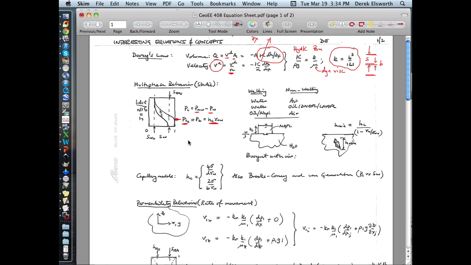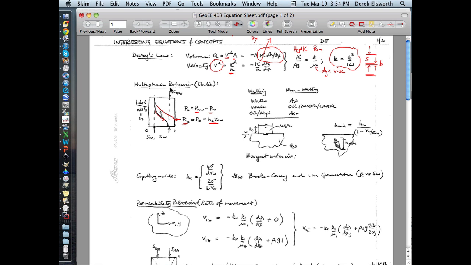You've done that. We know that you can define a drainage curve, called a drainage curve because you're draining water out as you go to the left, and an imbibition curve, as you're spontaneously imbibing water as you go to the right.